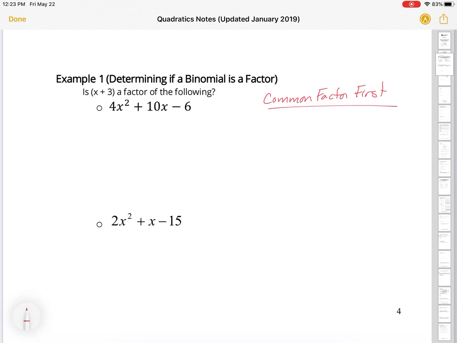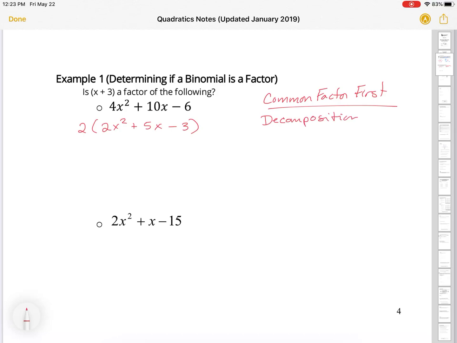So looking at this one here, I have 4x squared plus 10x minus 6. They're all divisible by 2. If I factor out that 2, it's going to make my work easier. Now, I still have a factor in front of the x squared. I can tell it's not a perfect square, so I'm going to have to use decomposition.